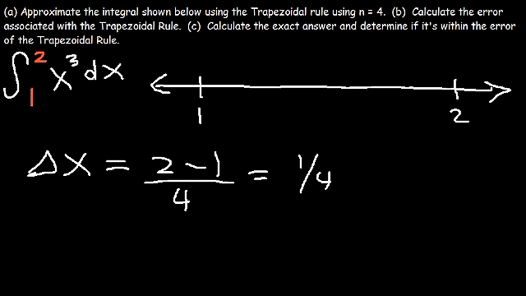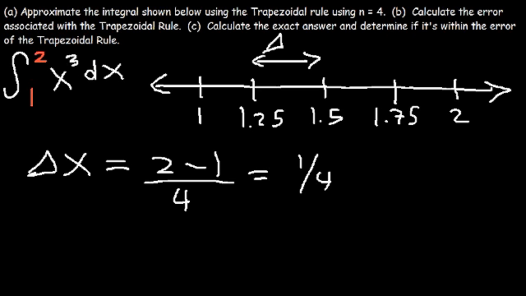So it's 1/4. So the points of interest are 1.25, 1.5, and 1.75. As you can see, delta x is 1/4, or 0.25, which is the width of each of these intervals.